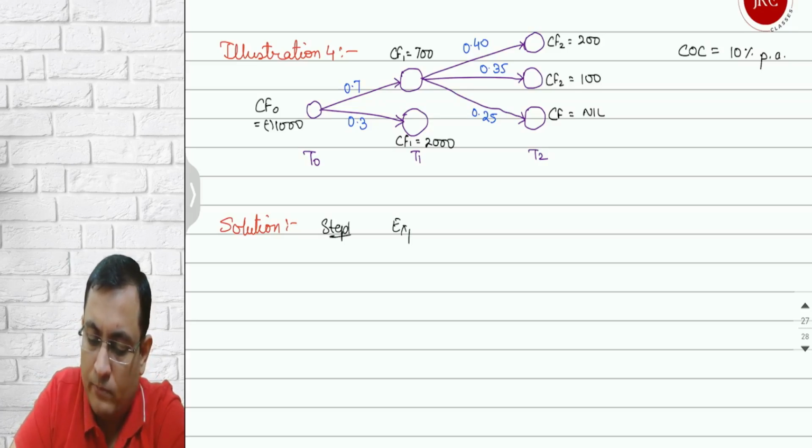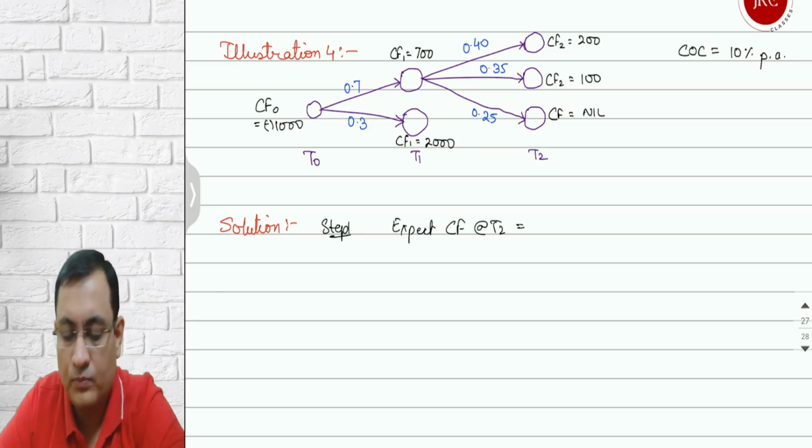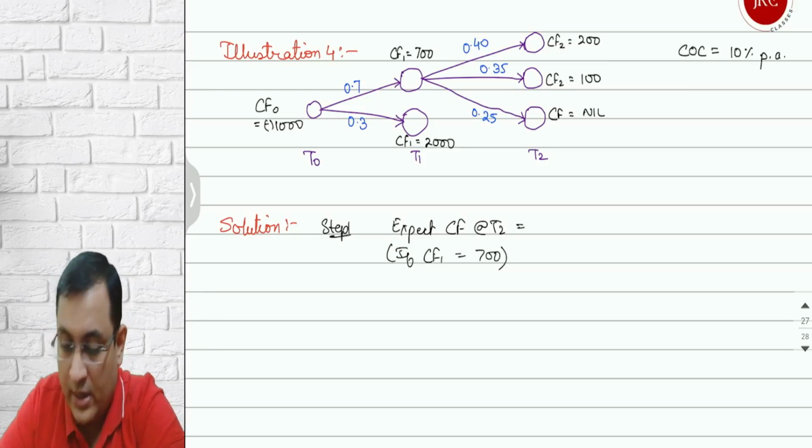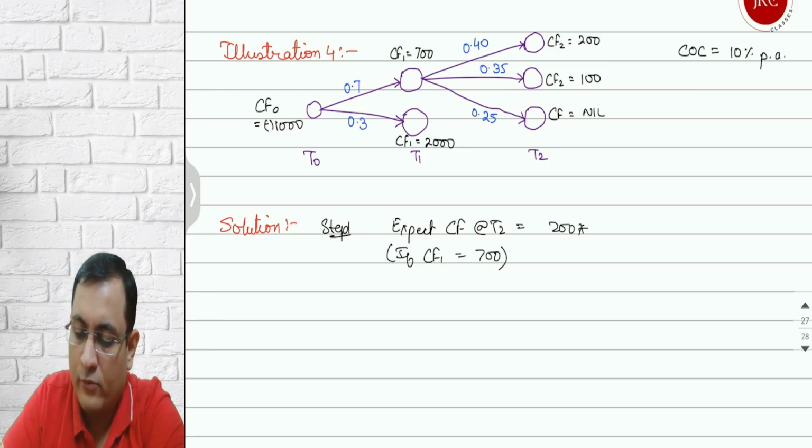Expected cash flow at T2, if CF1 is equal to 700. So this is a conditional cash flow, equal to 200 into 0.4, plus 100 into 0.35, plus 0 into 0.25.